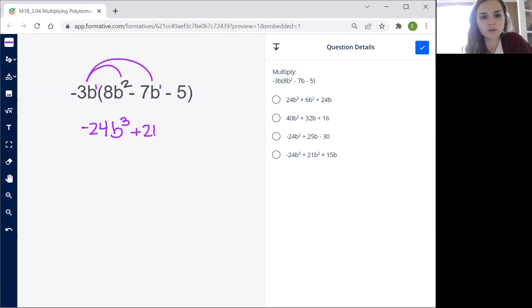And 1 plus 1 is b to the second. And last but not least, -3 times -5 is a +15, and of course we can't leave that b all by itself. So your answer should be the very last one on the bottom there.